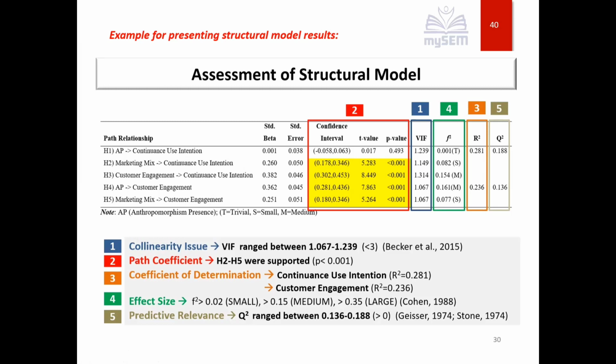Number 4 is the F square, which measures how much effect one particular independent variable has on the dependent variable. And finally the Q square value, the out-of-sample predictive power, which says how the model may predict in the future. So these are the assessment criteria. I think I already discussed them. Let me check the time again.